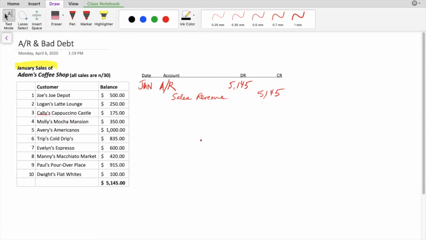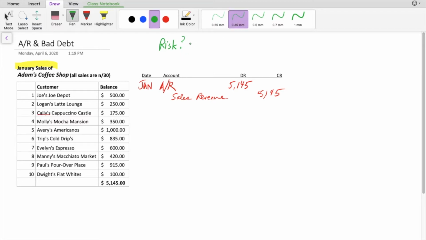Unfortunately, there is a risk. There is a risk inherent in doing business this way. What is the risk? The risk in allowing my customers to take my products and not pay me for them right away, right?